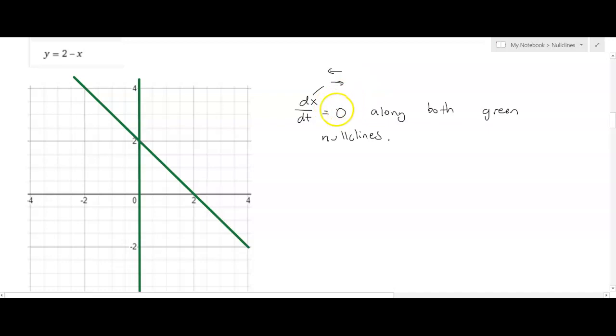But if dx dt is 0, that means that vectors in this phase plane that fall along either of these two straight lines do not have a left or right pointing component. So this means that the phase plane vectors, or arrows if you want to call them that, along the x Nullcline will point strictly up or down.